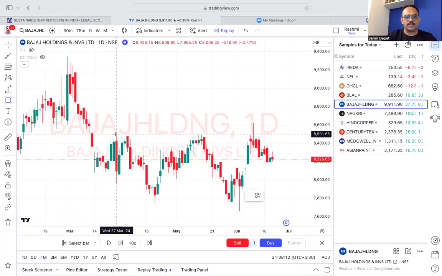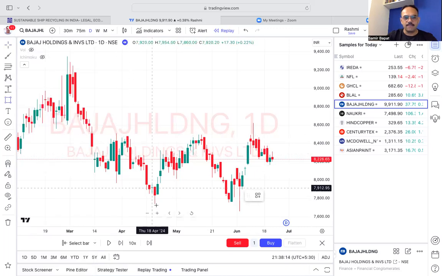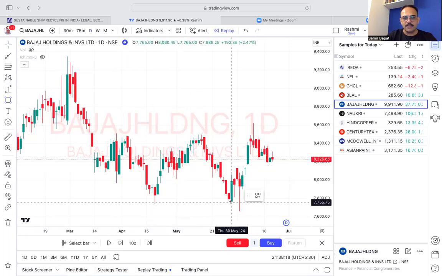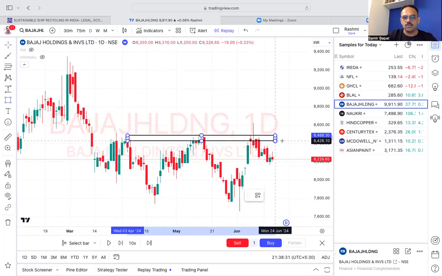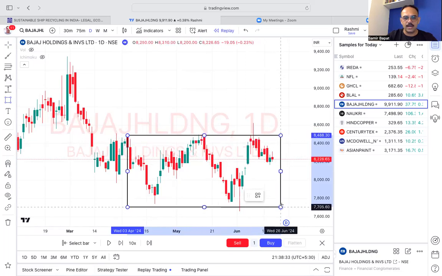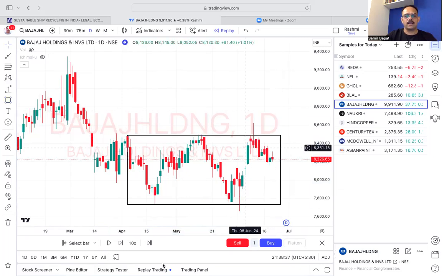We see, okay, this ball started from here, went down, went up. So both are almost at the same level. Went down, this low and this low are almost the same, went up, went down. So more or less we can say it is coming to this level, then straight down, and roughly it is fitting inside a box. Everyone okay?